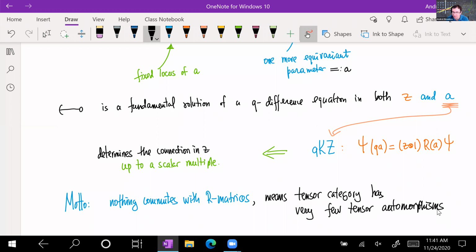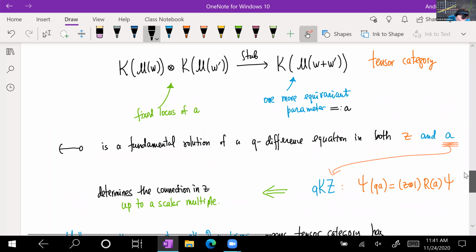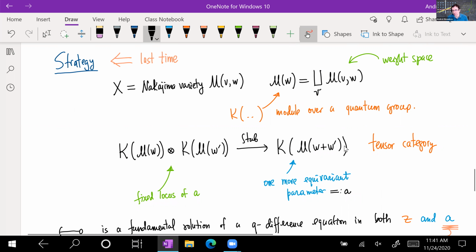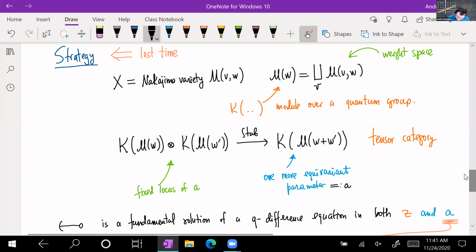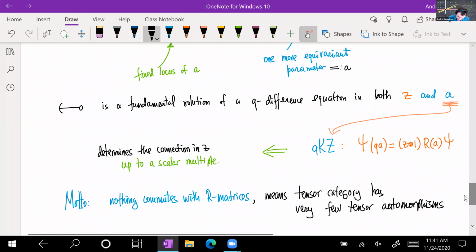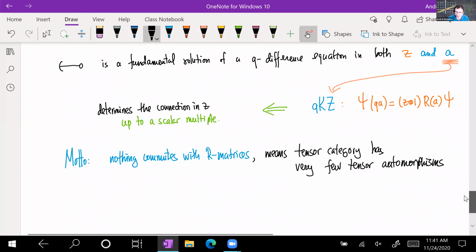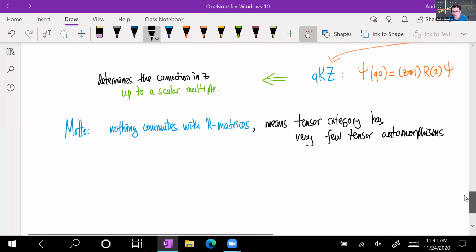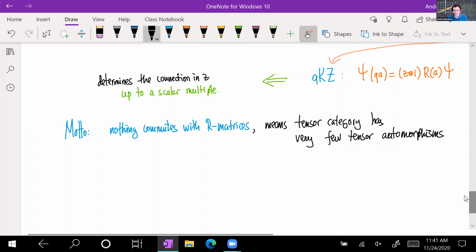All these maps have to respect the stable envelope, which means they have to commute with all our R matrices, and there's nothing that commutes with all our R matrices. This is a slightly imprecise principle, but it's true, so it works.